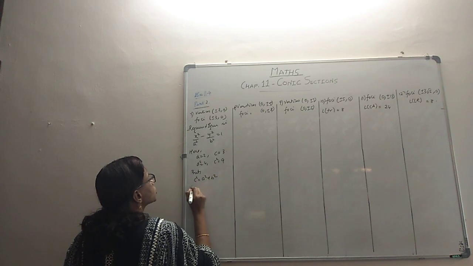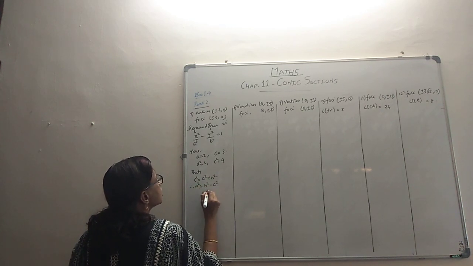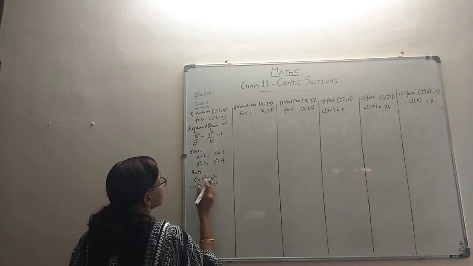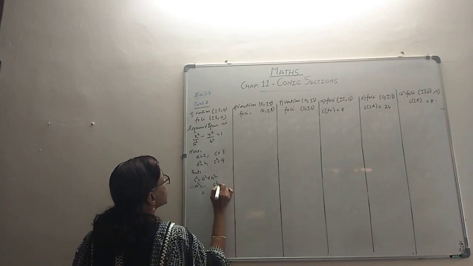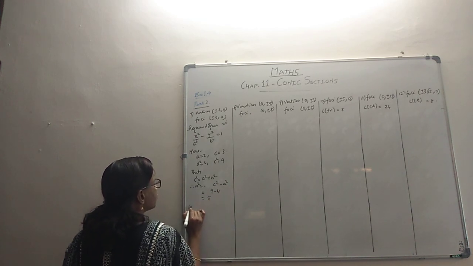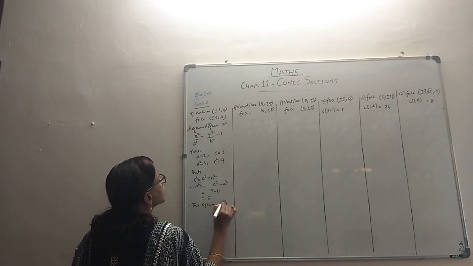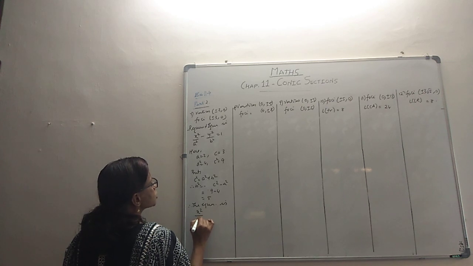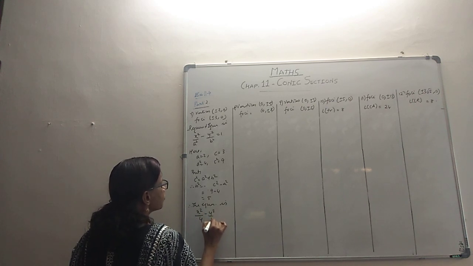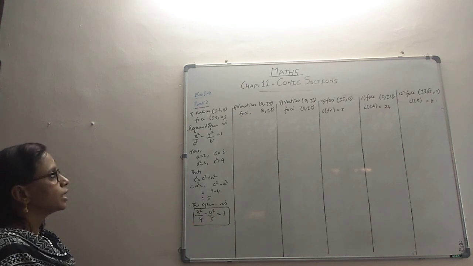So b squared which we require now is c squared minus a squared, so that will come to 9 minus 4, which is 5. Therefore the equation is x squared by 4 minus y squared by 5 equal to 1. First problem in this lot.